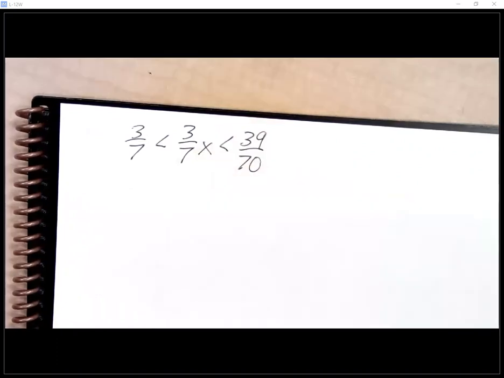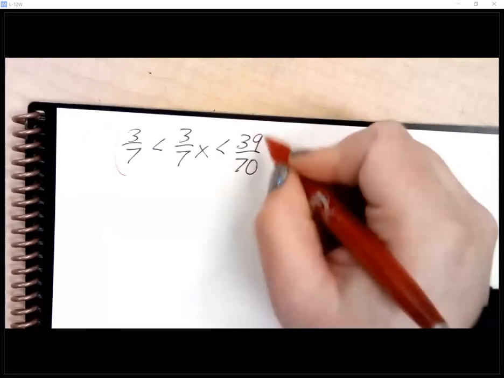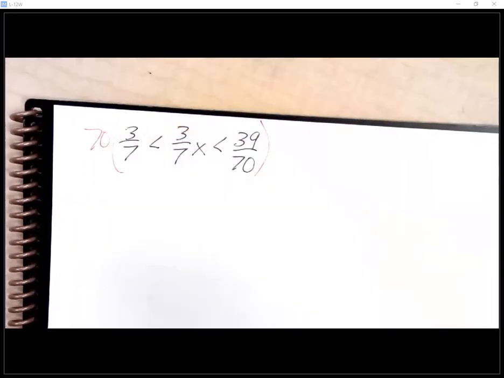So if I'm going to try and solve something like this, I want to clear the fractions, just like I normally would. So I'm going to start off that same way. What's my magic number going to be that I multiply everybody by? 70 in this case. I just have to make sure I'm doing it to all parts.